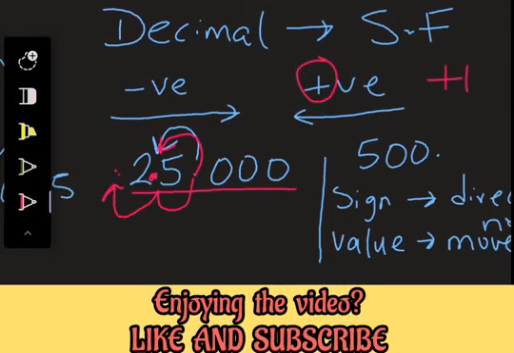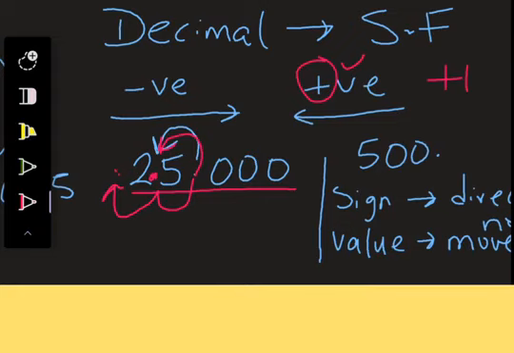To what direction do we move it? To the left, meaning we're going to have a positive once again. How many times did we move it? Twice, 1, 2. So we're going to have a positive 2.